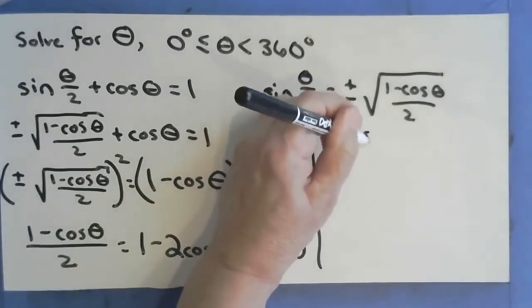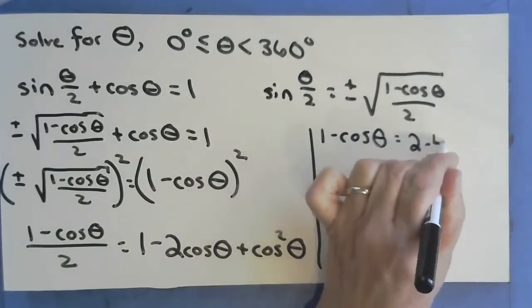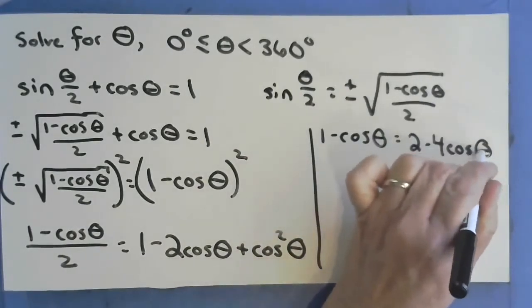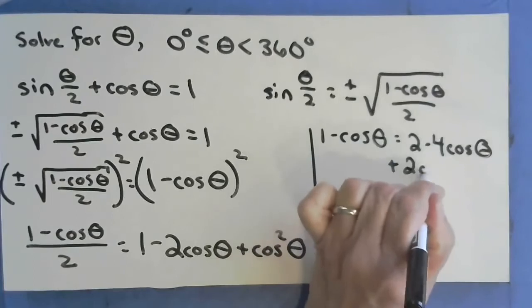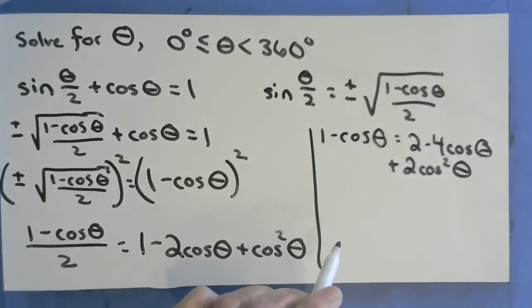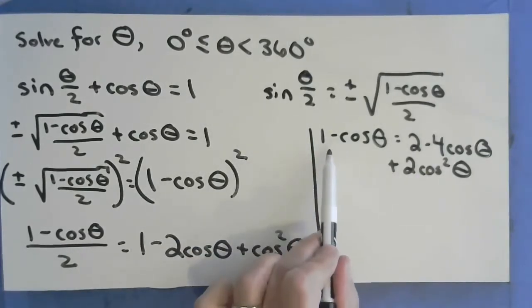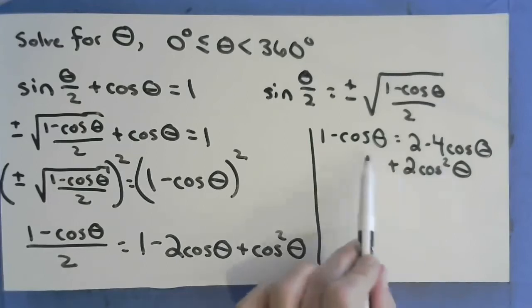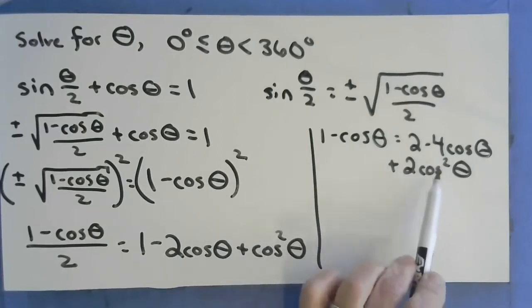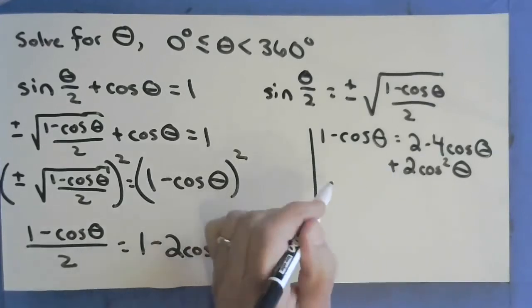I get 1 minus cos theta is equal to 2 minus 4 cos theta plus 2 cos squared theta. And I'm going to move everything over to that side, get it all equal to 0, simplify, and then just flip my equation.